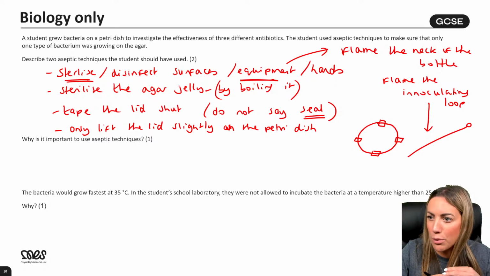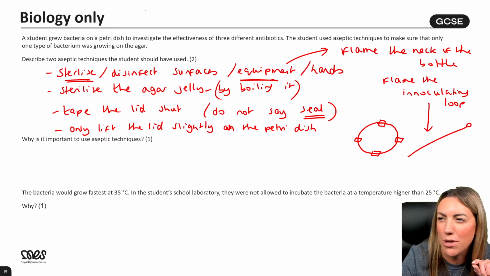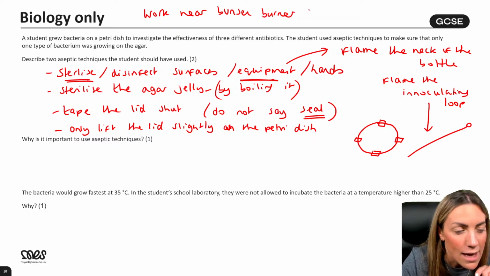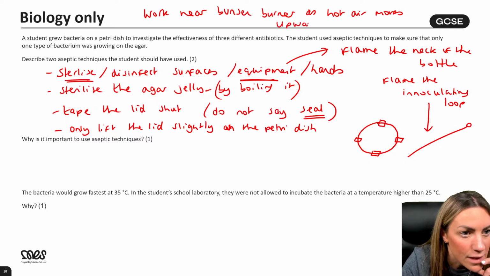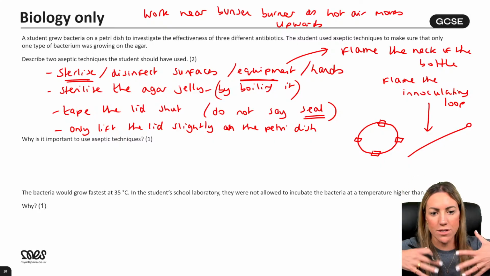Sterilize the agar, you could boil it, sterilize all equipment, flame the neck of the bottle, flame the inoculating loop. Yeah, you could work near a Bunsen burner, but you'd have to explain that. As hot air moves upwards, it creates this upward current of hot air.